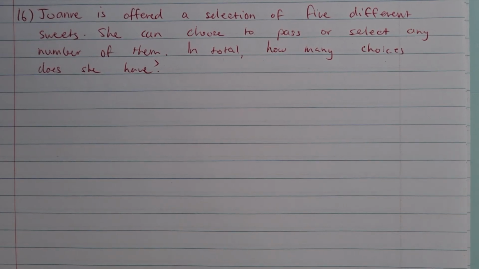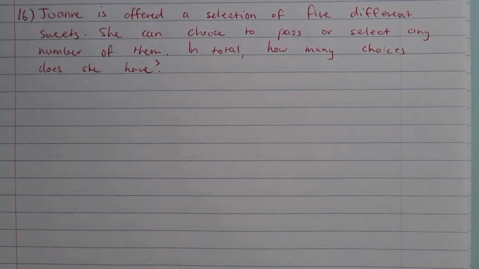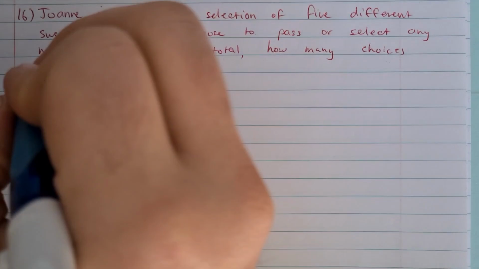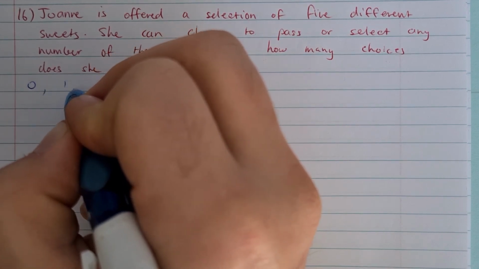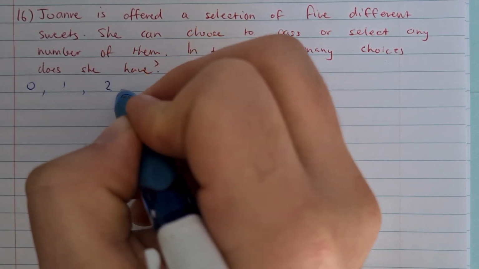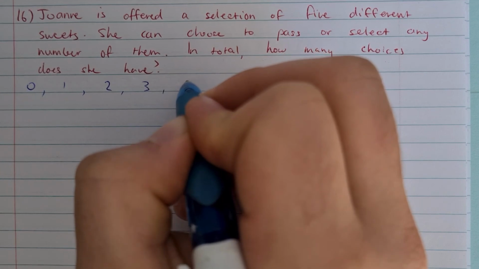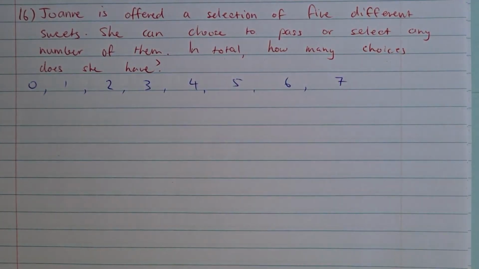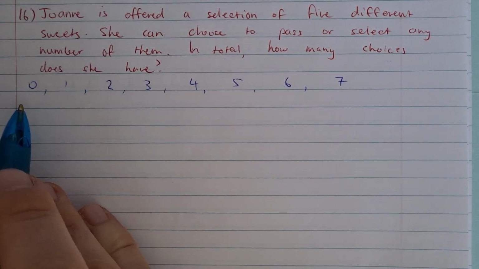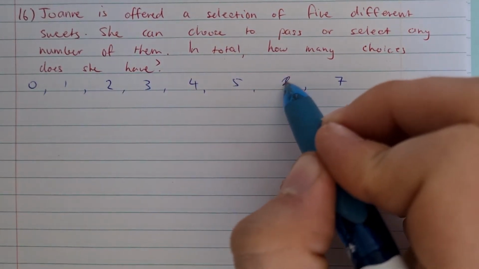So what we're saying here is, because she can pass or choose any number of them, she has the options. She could choose what am I talking about? There's only 5 sweets.